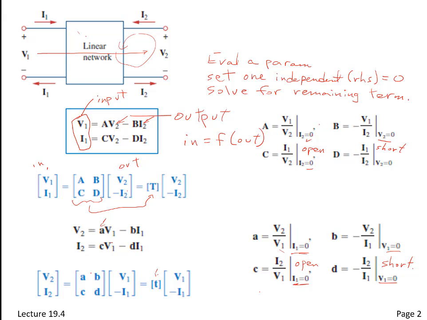If you want to find these parameters, B and D, which are functions of a short circuit, you literally can attach a wire on a circuit and then take your measurements, for I1 and I2 and for V1 and I2. So in all cases, not just the transmission parameters, the parameters can be found in the lab.